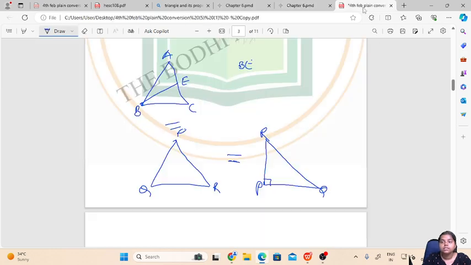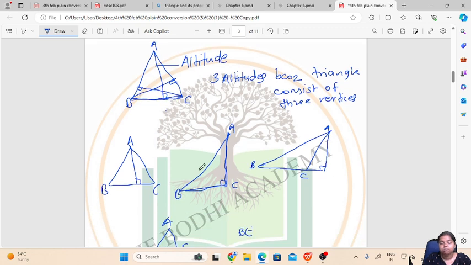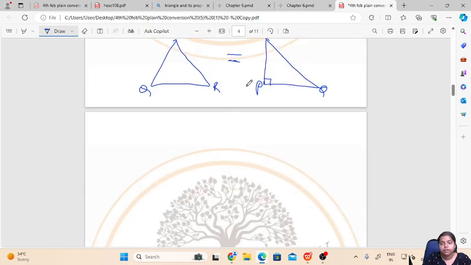We have already seen that, right? In an obtuse triangle, we can draw the altitudes in the exterior part, whereas on the sides it is the right angle triangle, which we have already drawn. So here we have to draw an obtuse angle triangle XYZ.